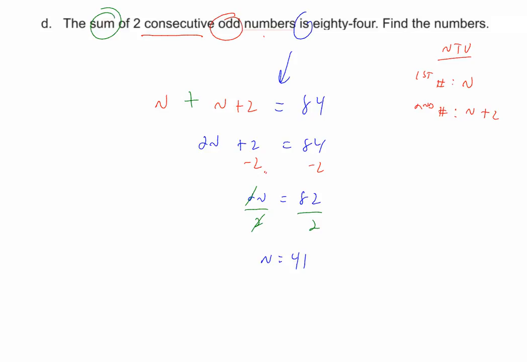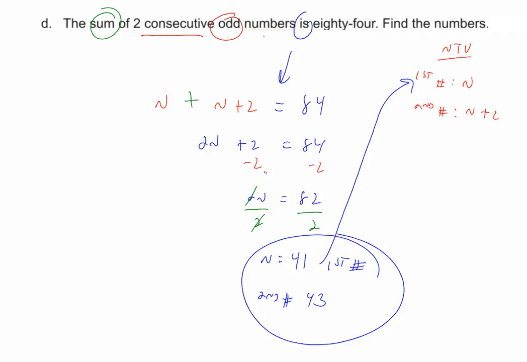What is it in what we're trying to find? Look, this is why we named the variable. 41 is the first number. What's the second number? 43. The second number is 43. Make sure you finish off by answering the question. How did you get to 43? Because the second number is n, 41 plus 2 more. 41 and 2 is 43.